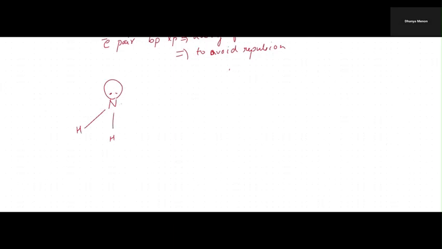Now, these bond pair and lone pair are the electron pairs, right? The type of repulsion is different.